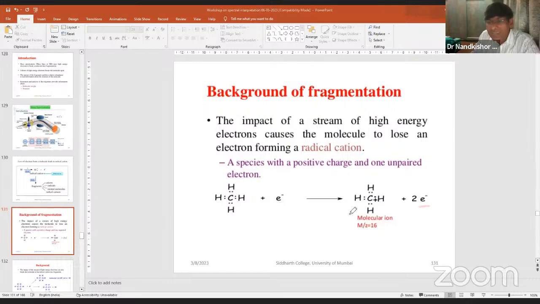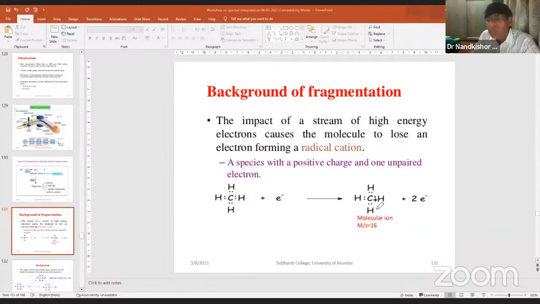So when one electron is taken out, this overall molecule becomes ionized. When this molecule gets ionized, there is one cation, and the molecular mass of this is 16. So 16 upon 1 will be 16. So m/z will be 16 for this molecule, and this is considered to be the molecular ion.